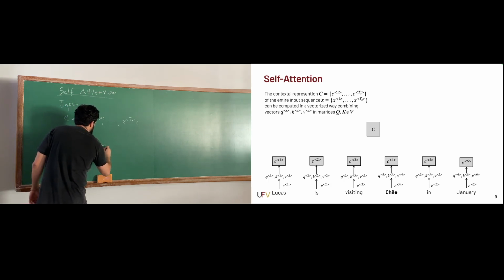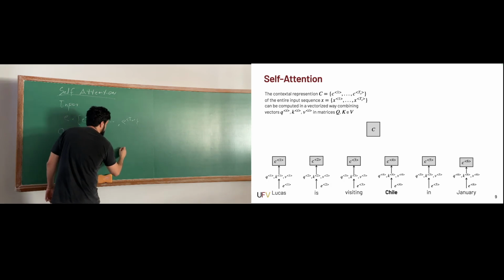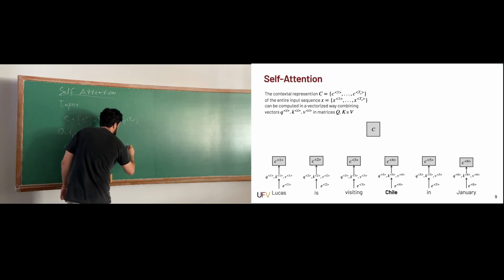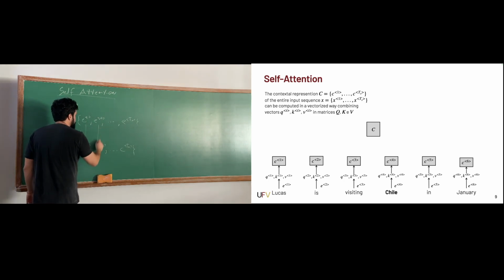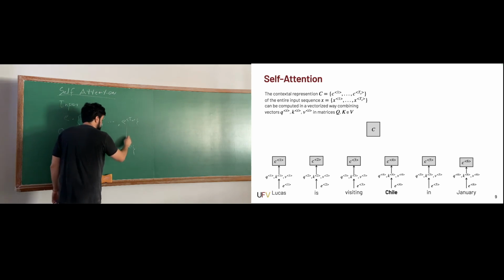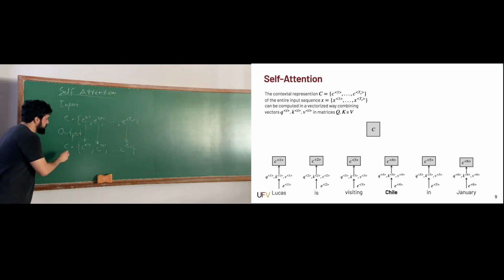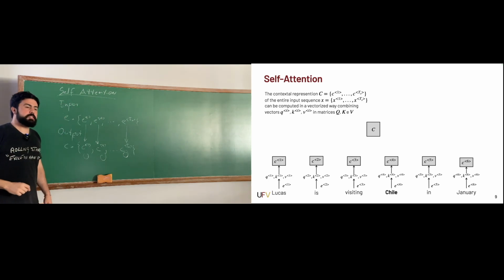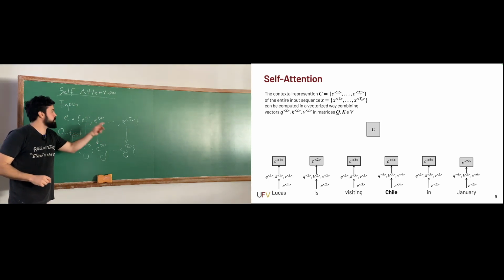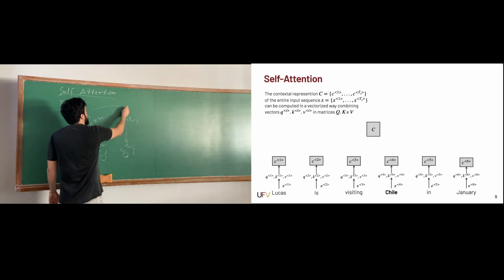So C1, C2, up to C dx. So you can see that E1 was transformed into C1, E2 was transformed into C2, and so on and so forth. But now these C vectors are contextual representations of each of these words. These are the embedded words, right?